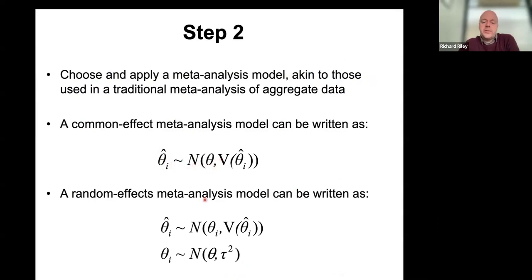But in a random effects meta-analysis, I assume that each study estimate is an estimate of the true value in that study, and then the true values across studies vary randomly about some average value according to some between-study heterogeneity, tau squared. That's as technical as I'm going to get in terms of the mathematics, but you're just using standard meta-analysis models in the second step.